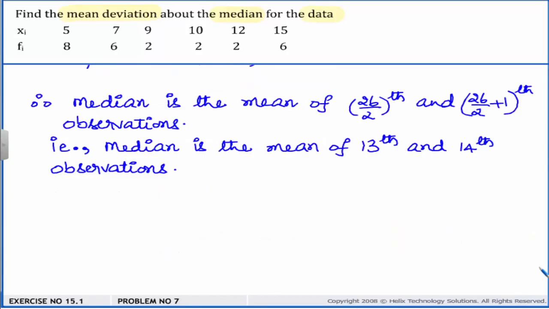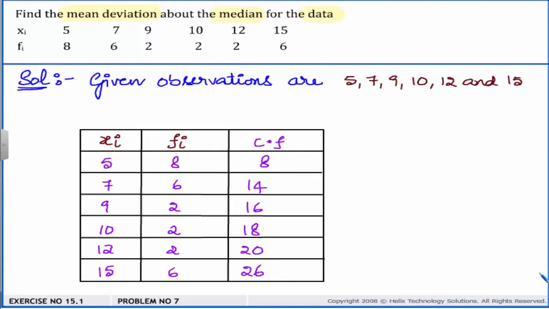Now, both of these two observations, that is 13th and 14th observations, lie in the cumulative frequency 14, for which the corresponding observation is 7.